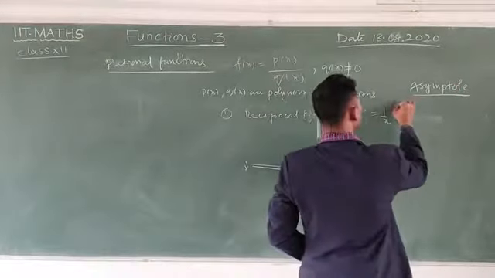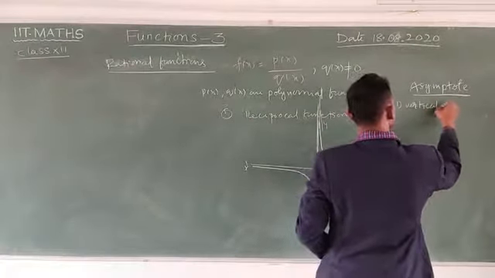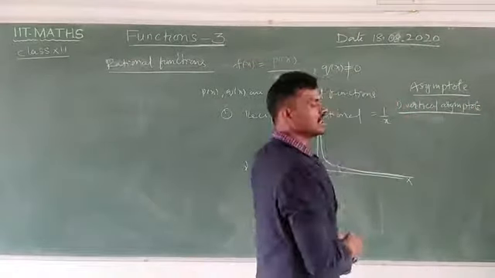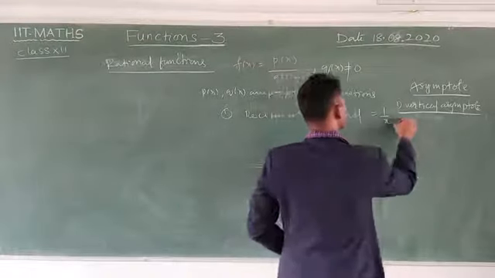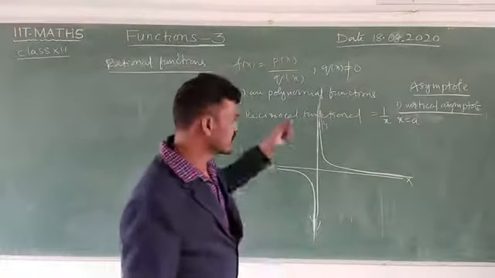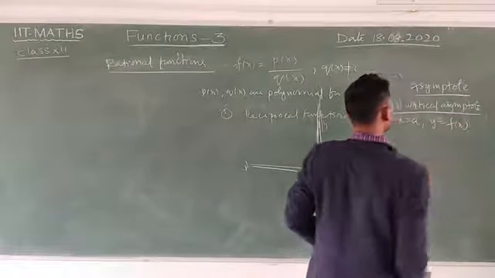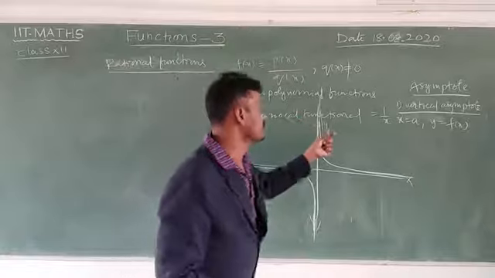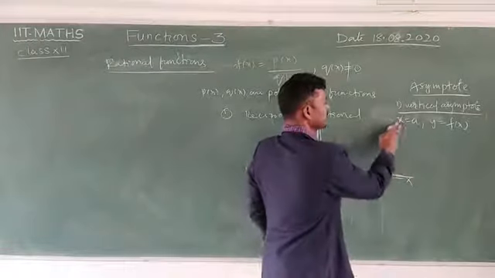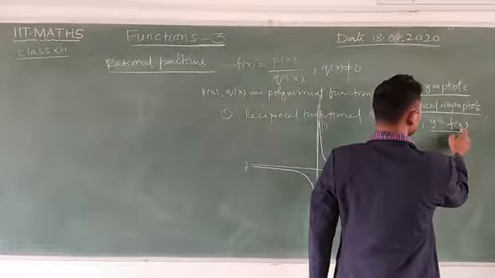The first one is the vertical asymptote. Here a line x is equal to a is said to be a vertical asymptote of the function y is equal to f of x.